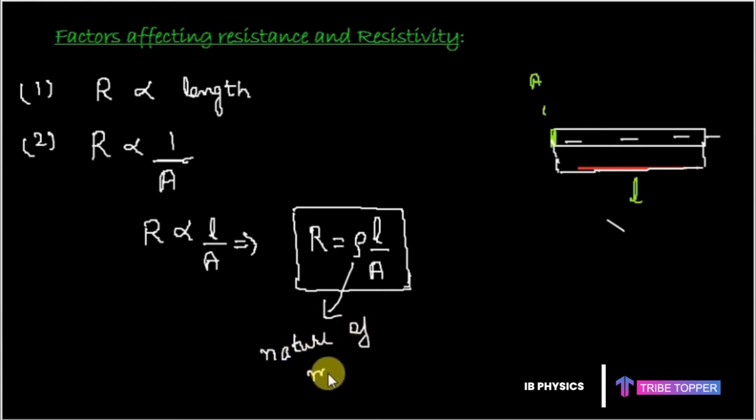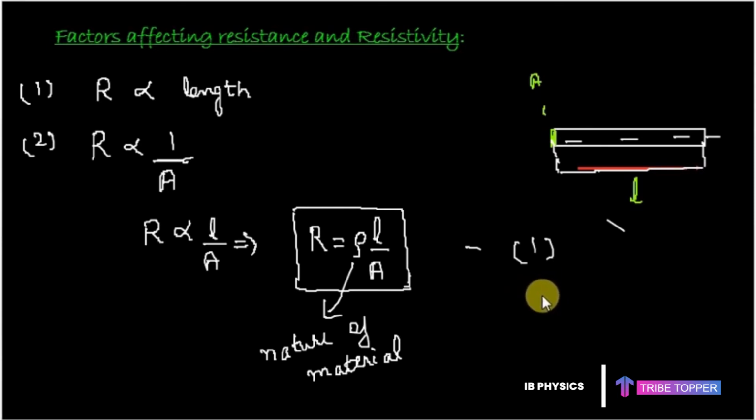If you have two wires of the same length and same area, still they would have different resistance, because the nature of every material is different. That means the third factor which affects the resistance of a conductor is the nature of the material, and that is accounted for by this constant of proportionality rho. Therefore, R is equal to rho times L by A. That's a complete expression which explains that the factors that affect resistance are the length, the area and the nature, and hence mathematically we derive the relation R is equal to rho times L by A.